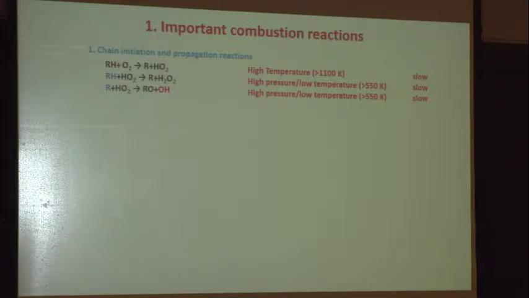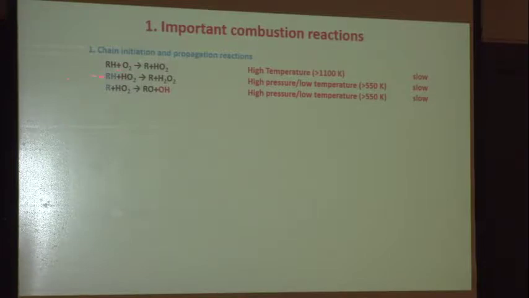So I always say that we took the chemistry class by Charlie Westbrook or Bill Green, and they will tell you that there are a few chain initiation reactions at high temperature. For example, the RH plus O2 H abstraction reaction normally happens at about 1100 Kelvin in flames. But this reaction is really slow unless the temperature is very high.